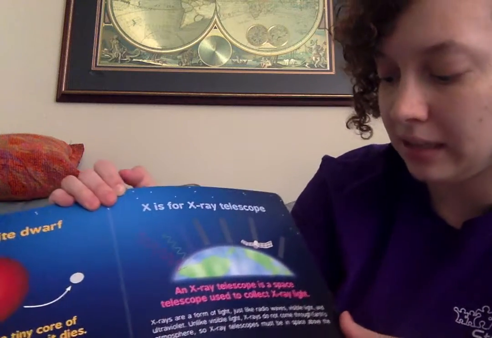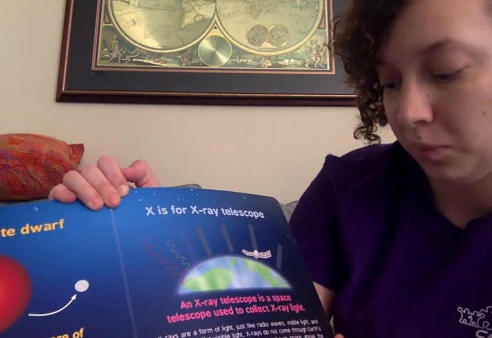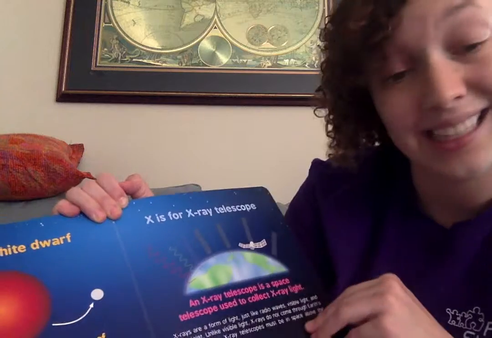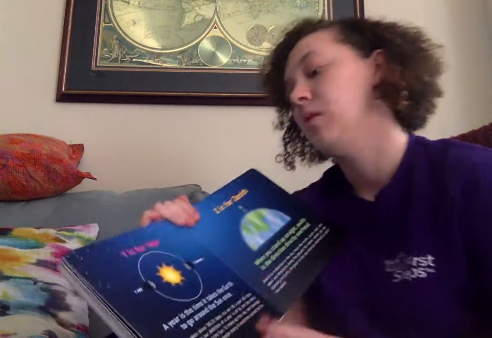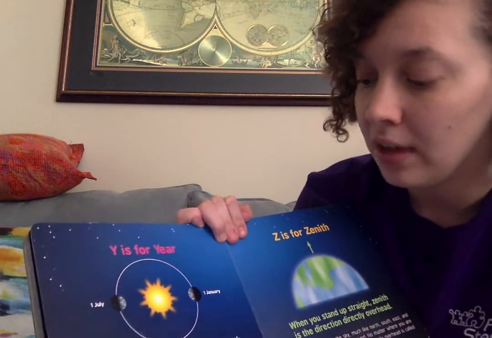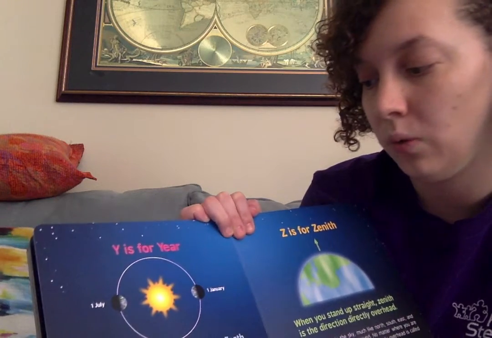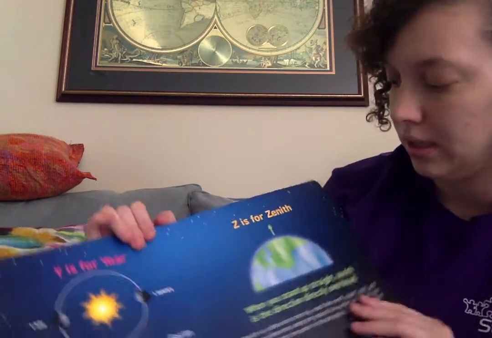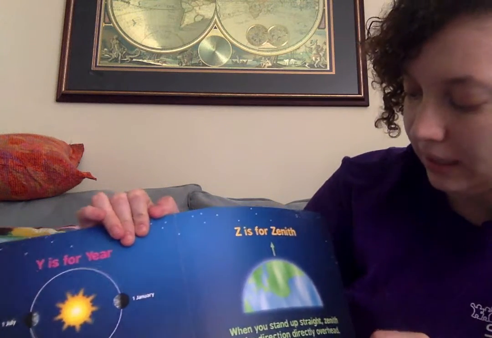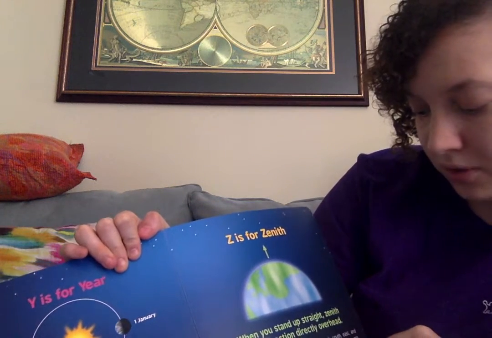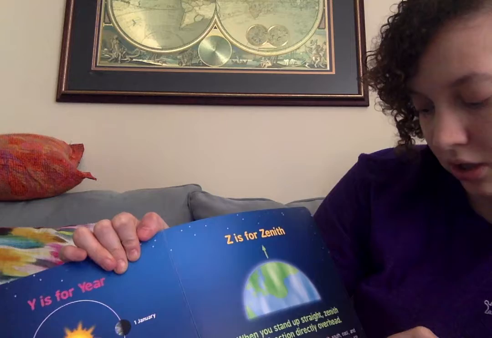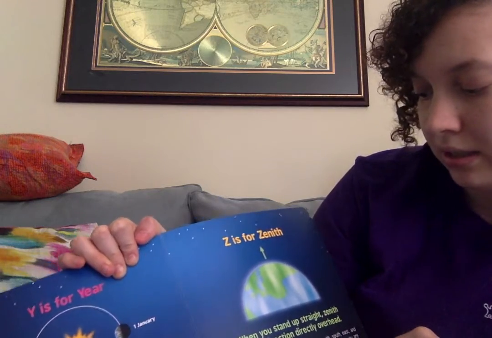An X-ray telescope is a space telescope used to collect X-ray light. Y is for year. A year is the time it takes the Earth to go around the sun once. Z is for zenith.